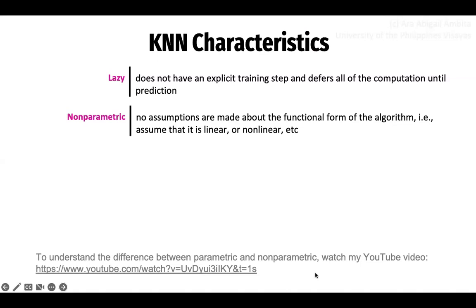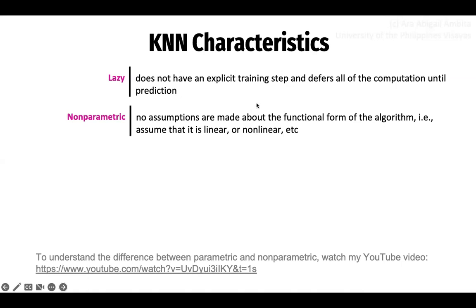So in hindsight, the KNN, as we have already mentioned, is lazy, wherein it does not have any cost function, it does not have any learning, it does not have any explicit training step, and defers all the computation until prediction. It is also considered a non-parametric method because there are no assumptions made about the functional form of the algorithm.